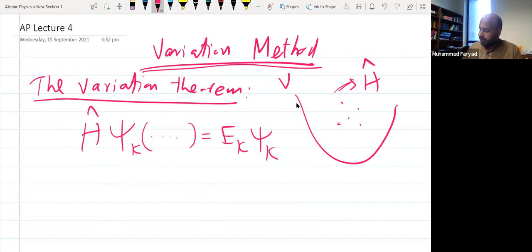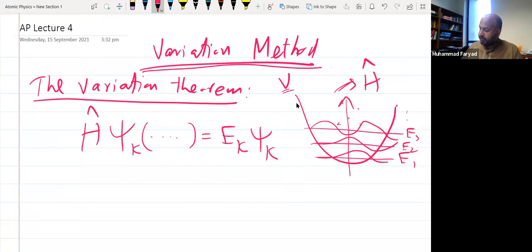For example, if you think about this V as the harmonic oscillator, you have already solved it analytically exactly, that this has wave functions like this, and energies keep on increasing. So this has some energy E1, some E2, and so on. Similarly, we can think about an atom.